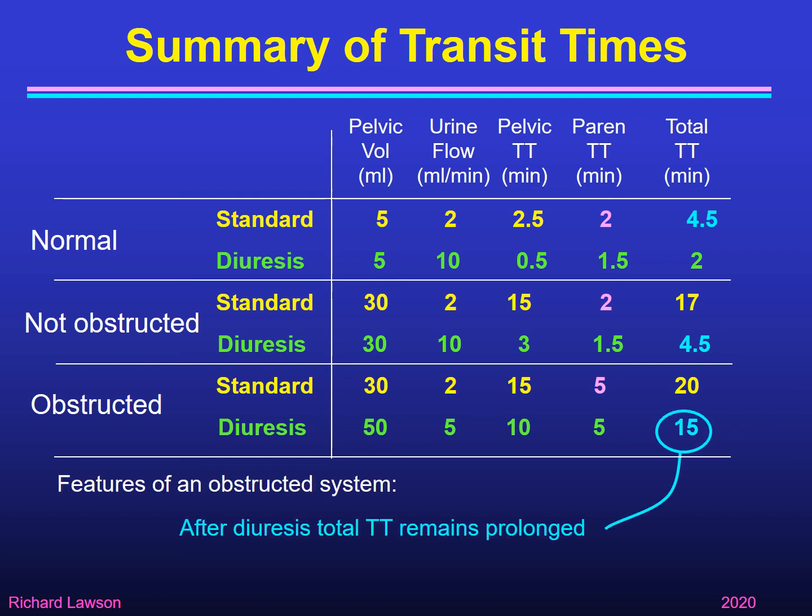This number here of 15 minutes for the total transit time after diuresis shows that we have an obstructed system. The long transit time after Frusemide indicates that this is an obstructed system and a high pressure system, because the non-obstructed system had a normal transit time after Frusemide.